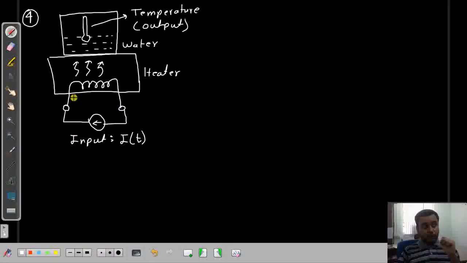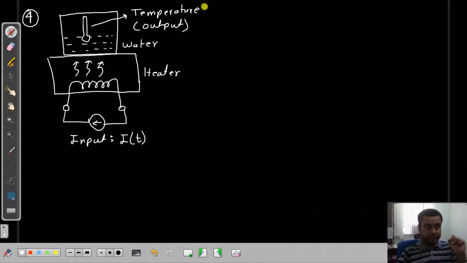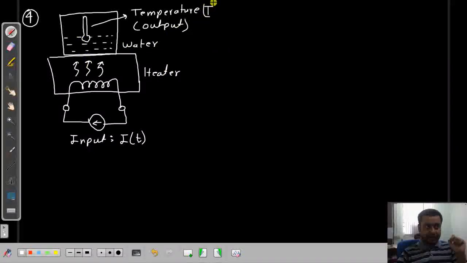Once again, you can find out the relation between the output temperature and the input current easily.